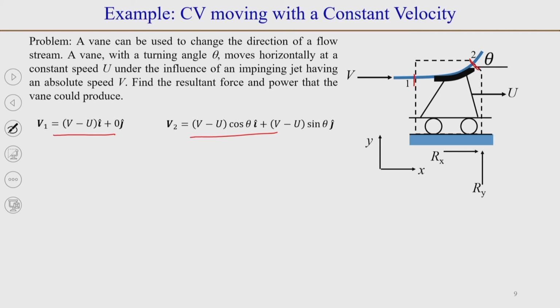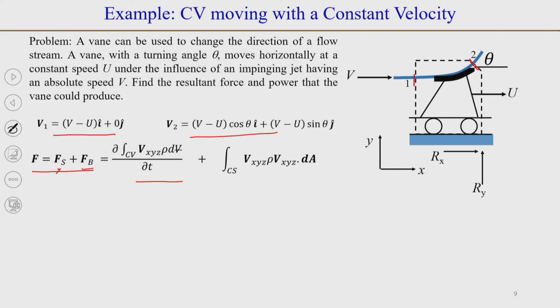Now, we can apply the momentum conservation equation to find out the force on the vane. Let us write down the momentum conservation equation. F is equal to F s plus F v, the surface and body forces, equals the transient term plus the integral over the control surface.